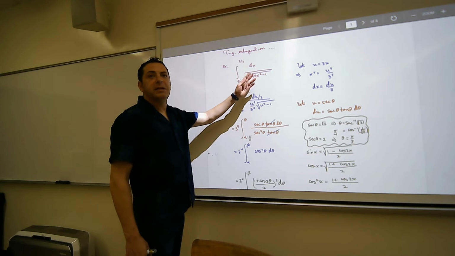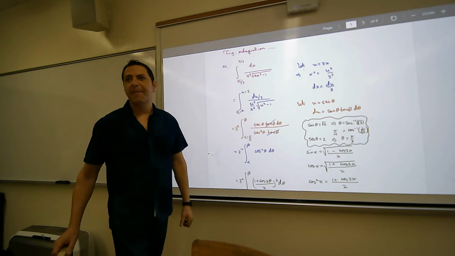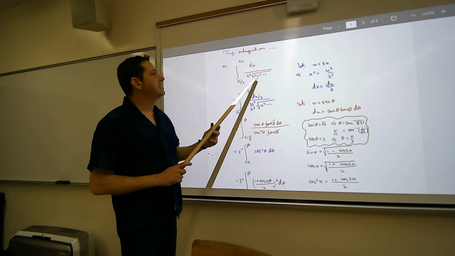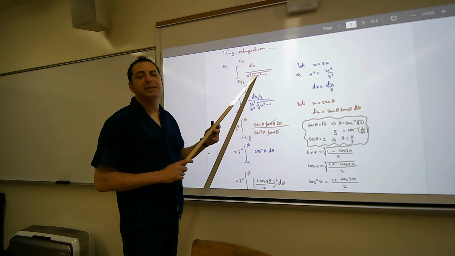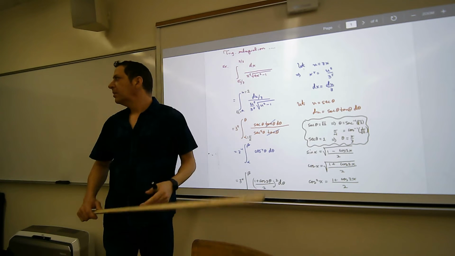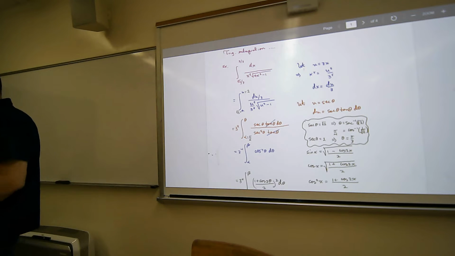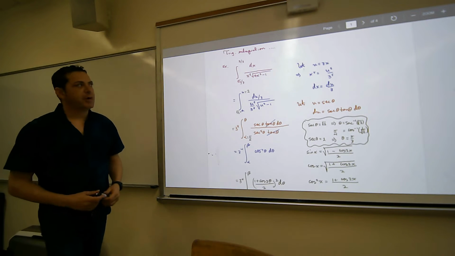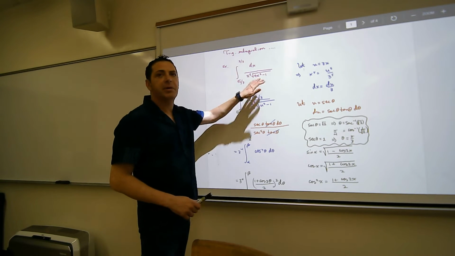This looks nasty, doesn't it? The fifth power, I mean, it's scary. But that's suggestive of secant: tangent squared plus 1 equals secant squared, so that secant squared minus 1 is tangent squared.